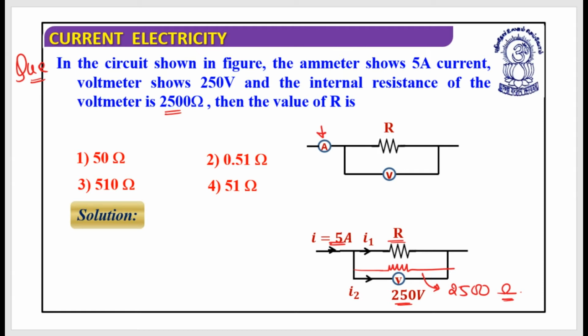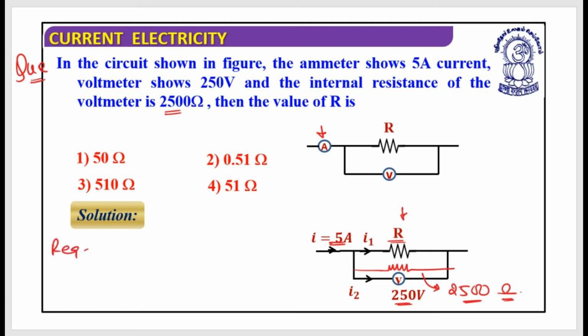So what I understand is that this resistance R and this resistance of 2500 are connected in parallel with each other, and the potential drop across them is 250 volt. So let's just find it out.